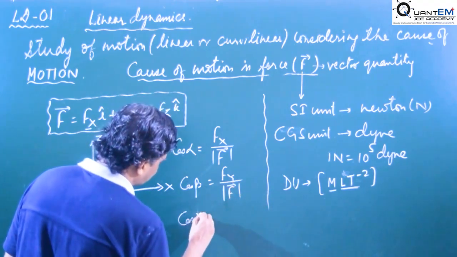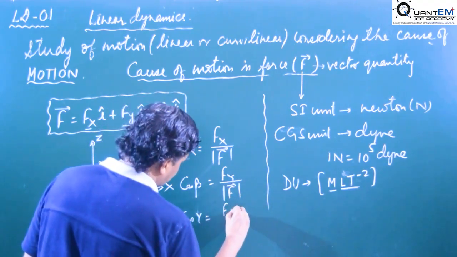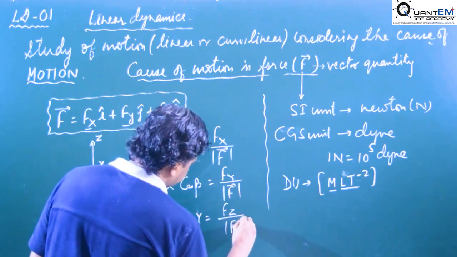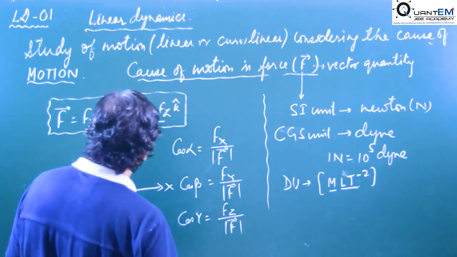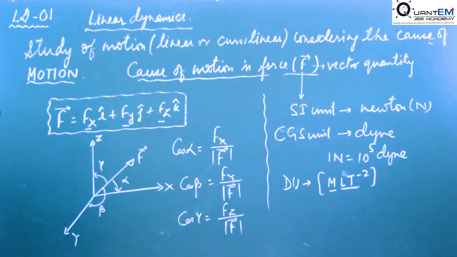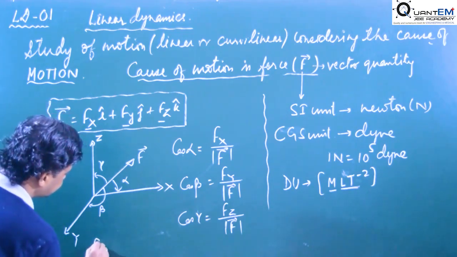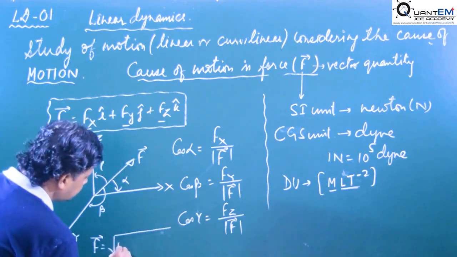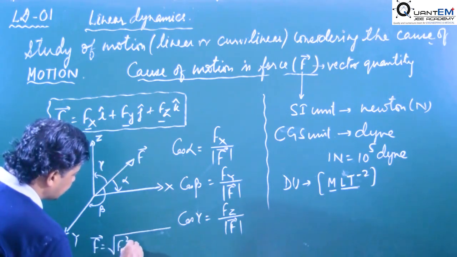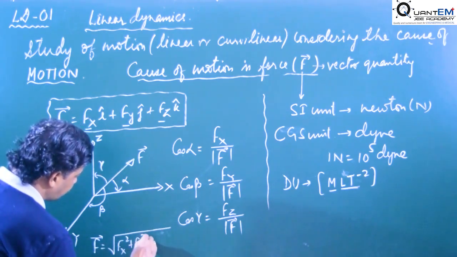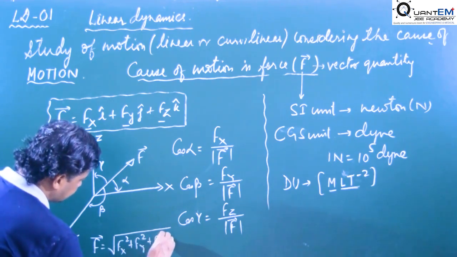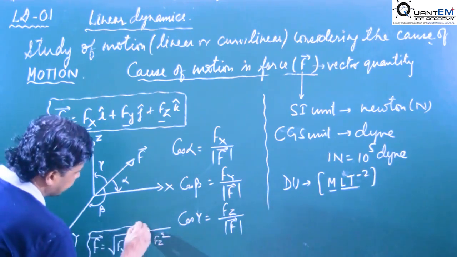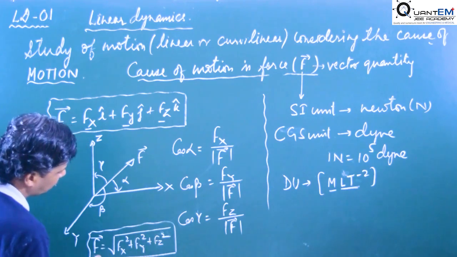And what about cos gamma? It is the force along z coordinate by the magnitude of force. And the magnitude of force is under root Fx square plus Fy square plus Fz square. It is the magnitude of the force.